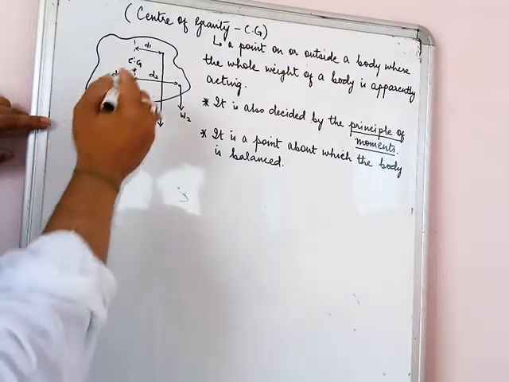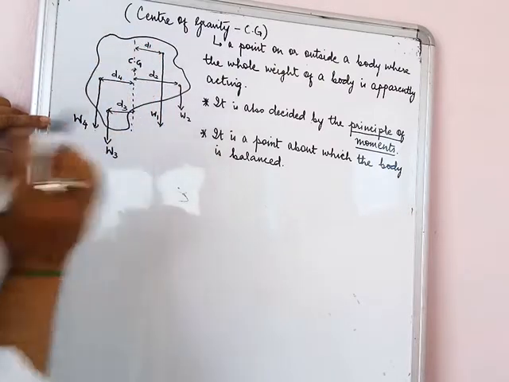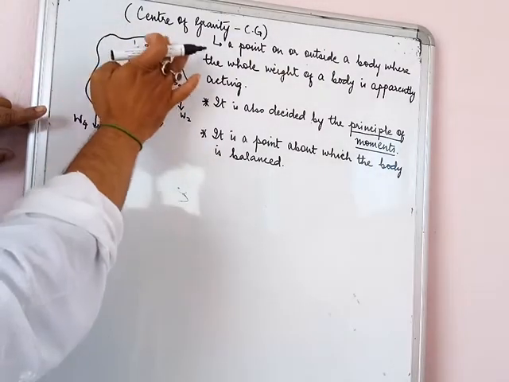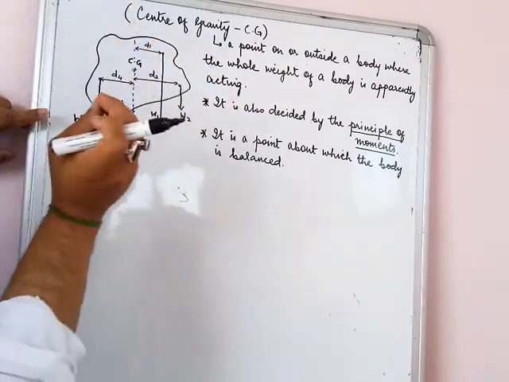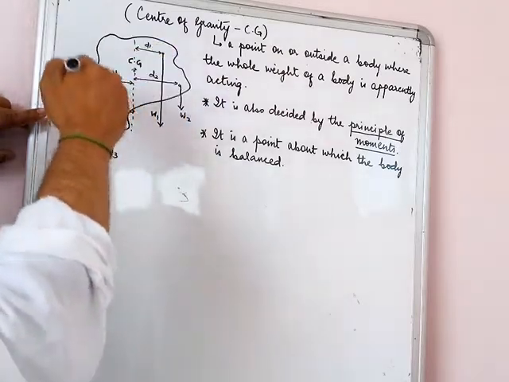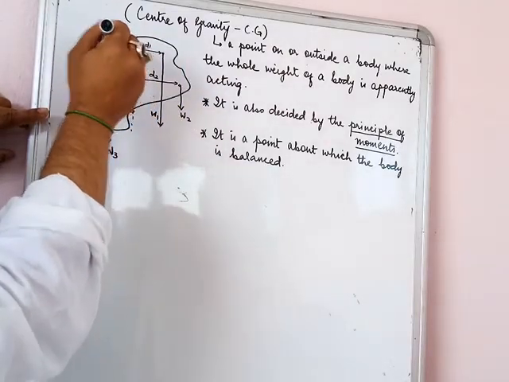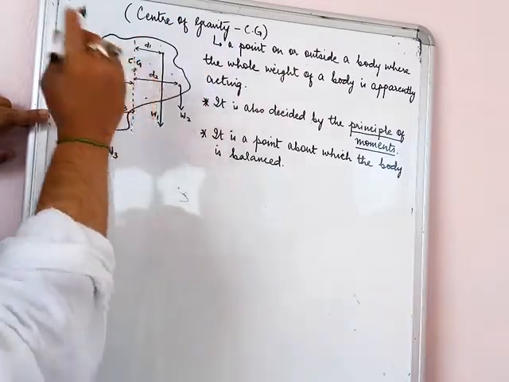It is only then that the body will be balanced at this point. So we are going to assume that this large body is comprised of small masses or small weights distributed throughout the body. There will be a weight here, here, here, a number of them.